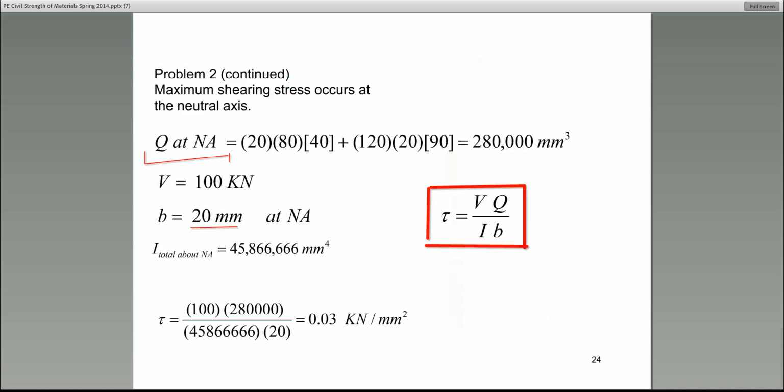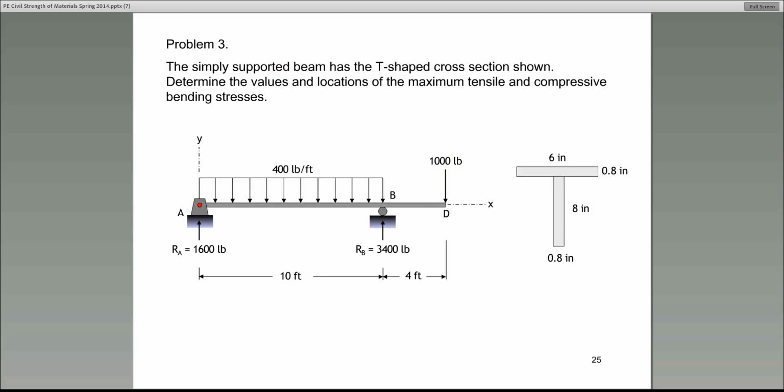All right, now let's move on. This here is a problem that I have provided the complete solution for you. It is for your learning pleasure. So I will leave it to you to calculate all the stresses that are asked for, and then once you do it on your own, please compare your results with what I have provided you.